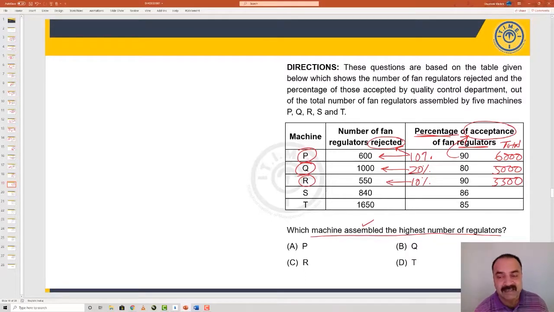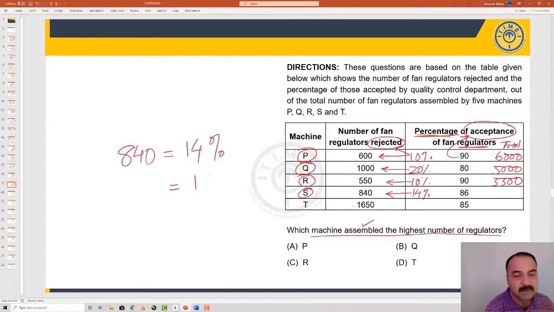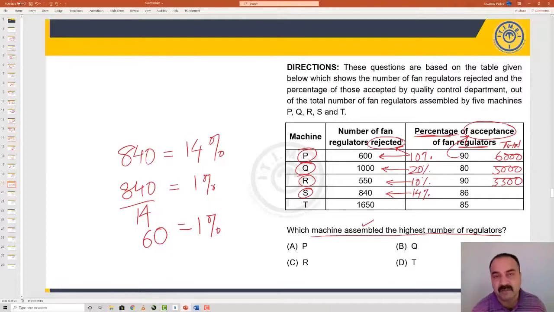If 86% is accepted for machine S, then 14% is rejected. 14% is 840, so 1% is 840 upon 14, which is 60, because 14 5s are 70, 14 6s are 84.